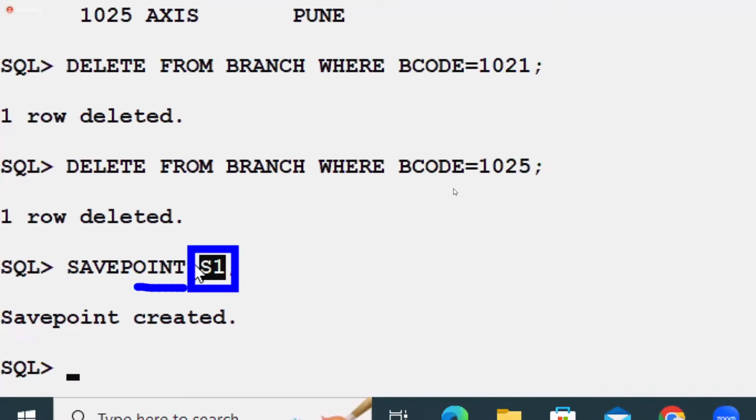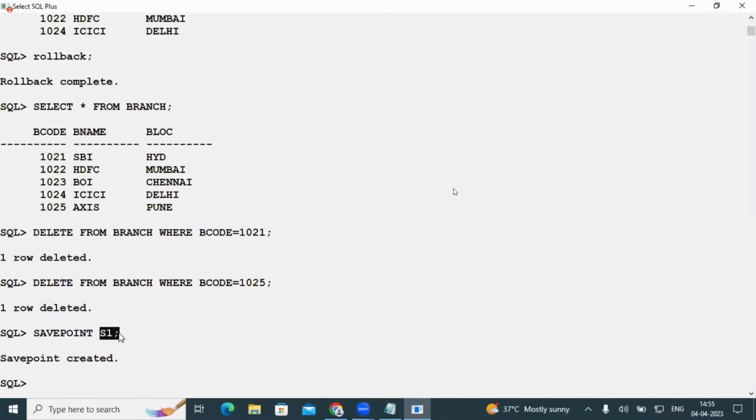Temporary memory. Pointers are not permanent storage. Pointers are temporary storage. So that's what happened. On the name of the S1 pointer, some memory is allocated in RAM only, because RAM is a temporary memory location. Hard disk is permanent. So the memory is not from hard disk, the memory is from RAM only.